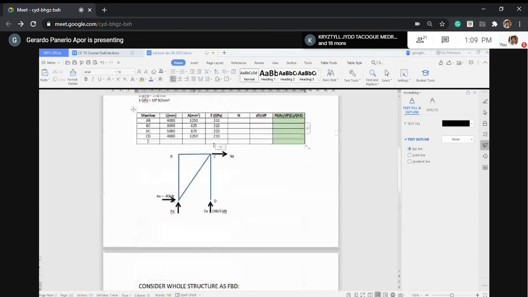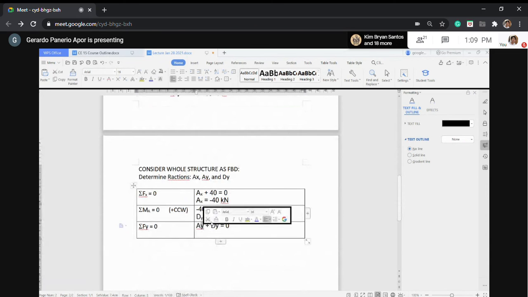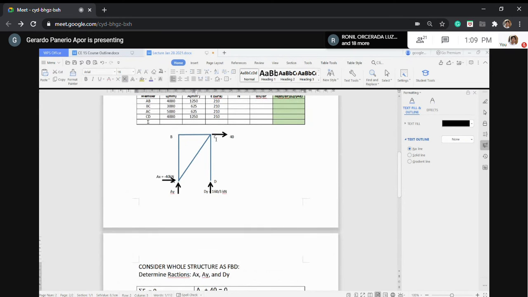You know Dy already, so that means Ey is equal to minus 160 divided by 3 kilonewton, because Dy is positive. Why negative? Imagine if it were not restrained there, it would overturn, it would tumble. So the purpose of Ey there is to hold it down, so that it does not lift up.